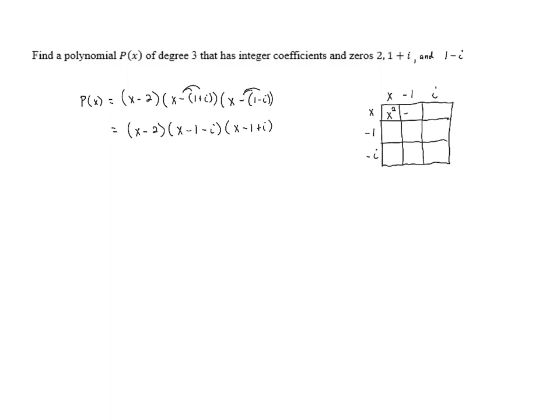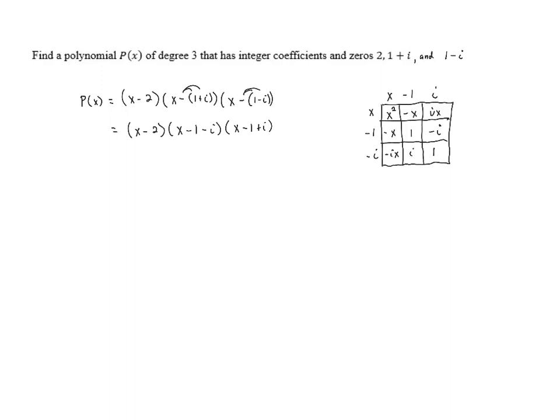We get x squared, negative x, ix. We get negative x, 1, negative i, and we get negative ix, and positive i, and negative i squared, which becomes positive 1, because i squared is negative 1, and the opposite of that is positive 1.